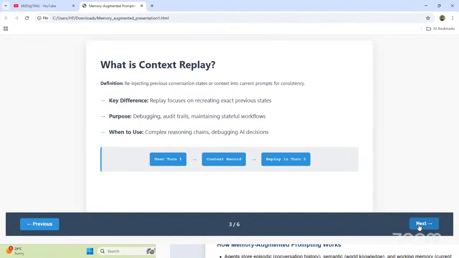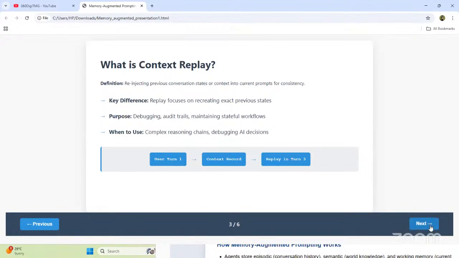For example, a chatbot could replay an entire customer conversation to verify consistency or explain a past decision. Here, memory helps continuity, and replay ensures traceability and reproducibility, which are both vital for trustworthy AI.